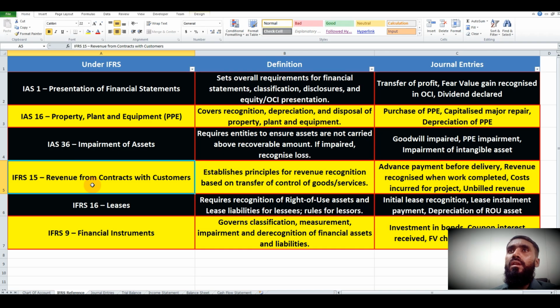IFRS 15, revenue from contracts with customers. What is revenue from contracts with customers? I will explain each of the IFRS rules one by one separately. Further, I will let you know what IAS 1, IAS 16, and IAS 36 are.